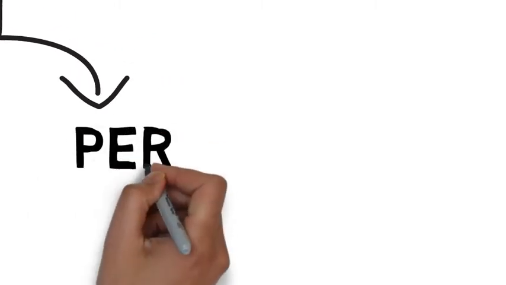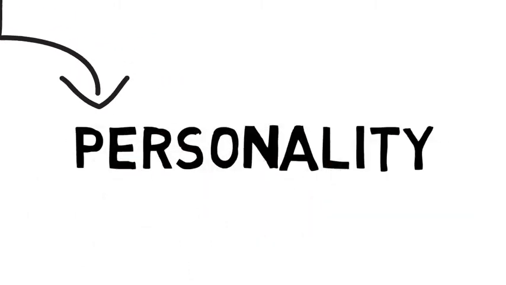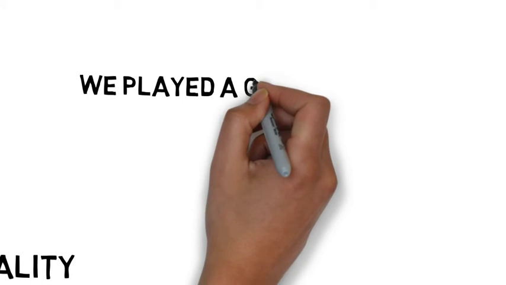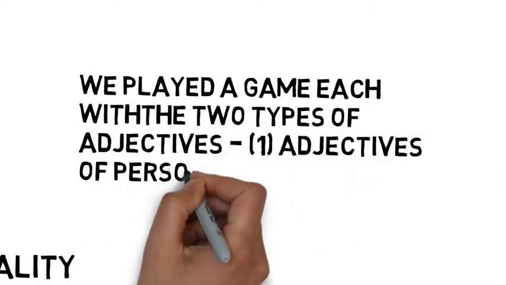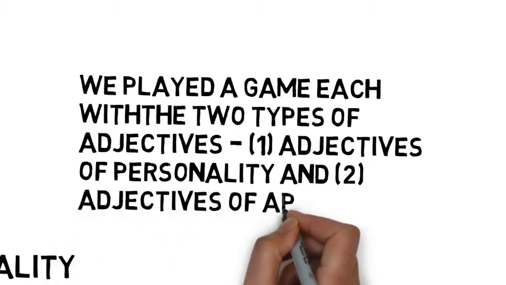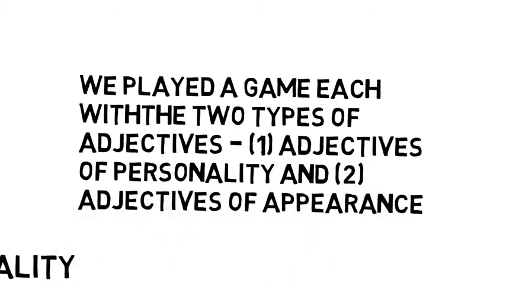That is an adjective of personality. You can't see that. That is hidden inside that person. And then you can say the good-looking boy. Good-looking is something you can see, so that is an adjective of appearance. And then, if you remember, we played a game on each of these.